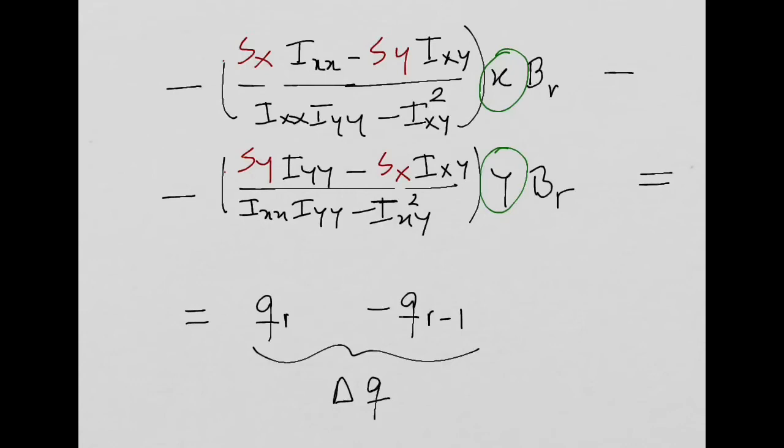So I know everything. When I'm crossing that boom, I know everything on the left-hand side of this equation. And then I can calculate the variation on the shear flow, right? So this is one thing. One very important conclusion that we are going to use a lot, solving examples with this equation.